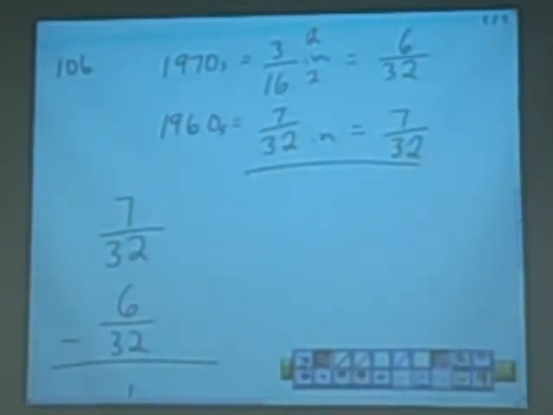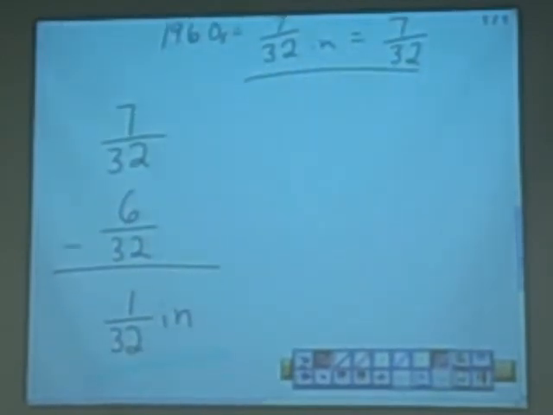But in this case, all we want to do is find the difference between the two, and we don't want a negative. So yeah, you just switch places. Okay. Any other questions with that? Questions?